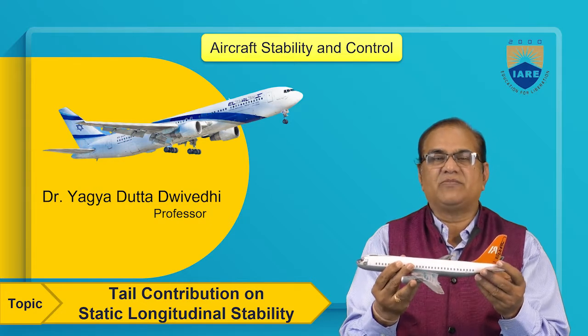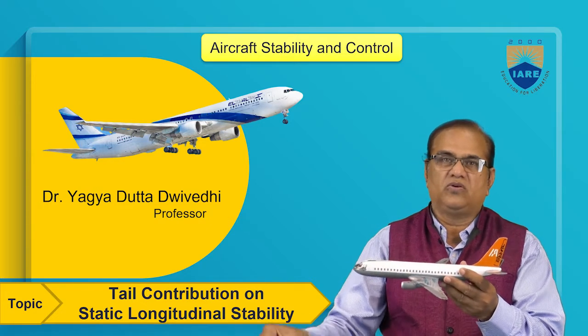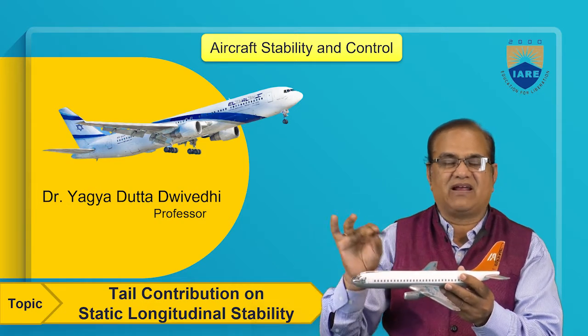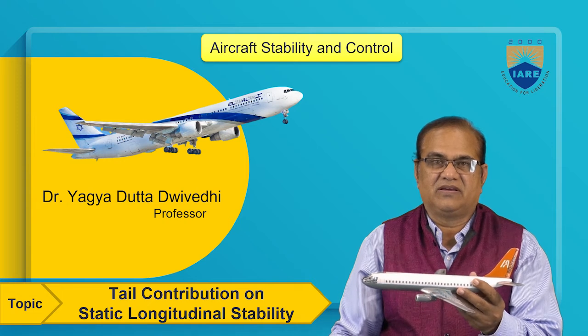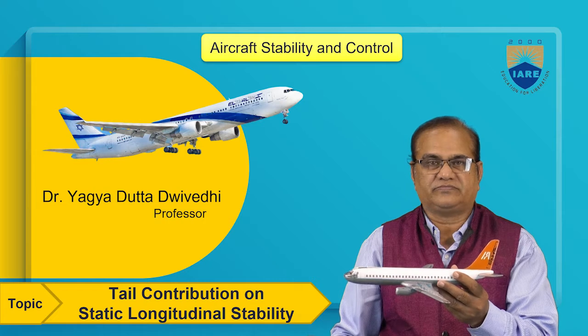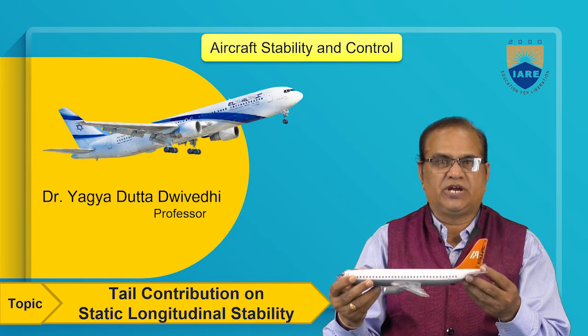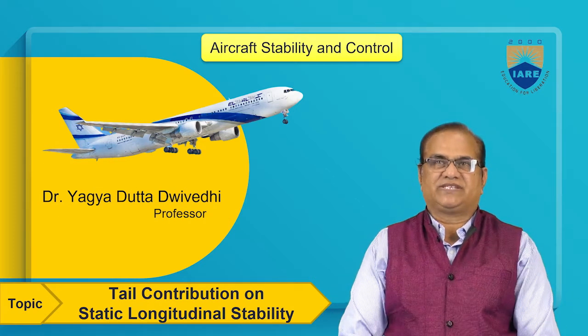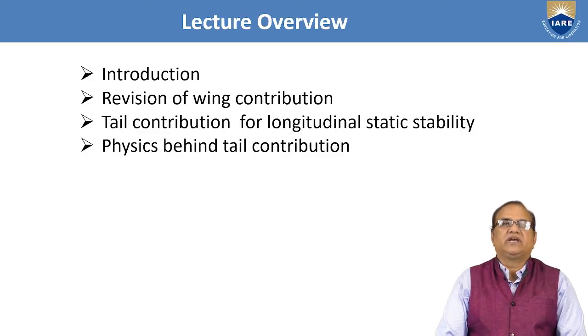In today's lecture, I am going to discuss how this tail will behave for making the aircraft stable, especially in the longitudinal case of motion. We have the introduction, then revision of wing contribution, because in the previous class I discussed the contribution of the wing.